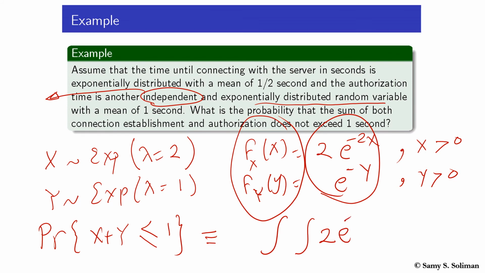So it is 2e to the power negative 2x, e to the power negative y. Then, if we start with y, it will range from 0 until the edge of this region, which is 1 minus x, and x itself ranges from 0 again to the edge of this region, which is 1. This is an integral similar to the one that we calculated before, and we can calculate it to find the required probability.